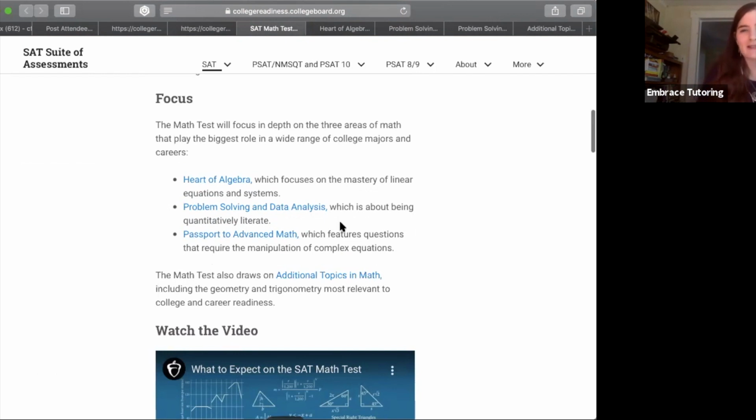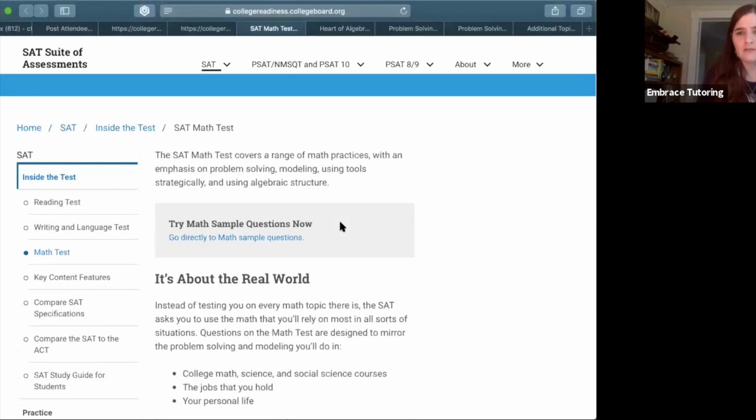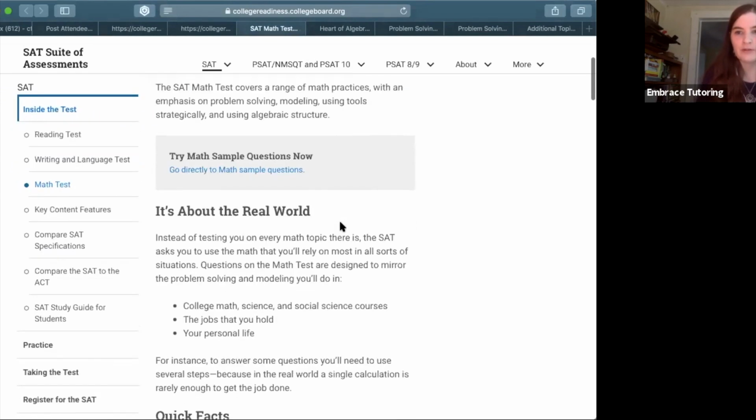It's just like the reading test from this morning and the writing and language test. It's still the same information, although the test makers have rearranged how they've done things on their website a little bit between earlier this year and now.